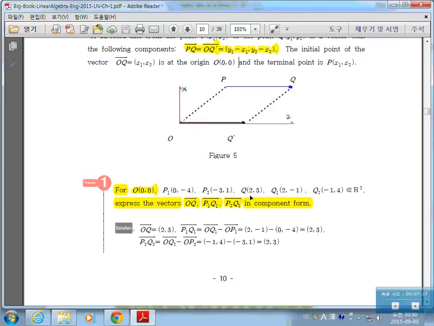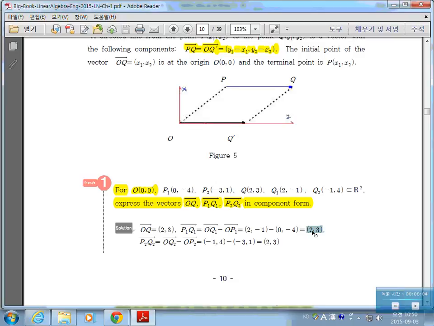So the vector OQ can be obtained by 2 minus 0 and 3 minus 0 as each component like this. The vector P1Q1 can be obtained as 2 minus 0 and minus 1 minus 4, so P1Q1 can be found as 2, 3 like this.